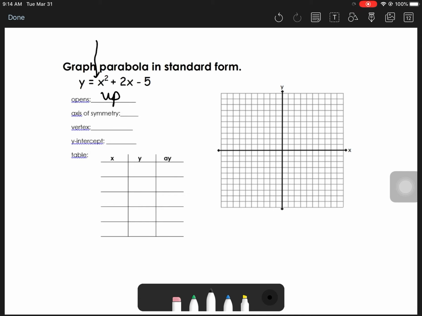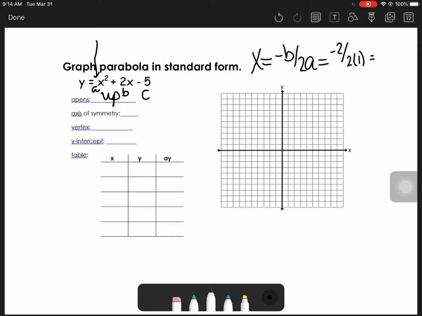Secondly, we want to find our axis of symmetry. And remember, our axis of symmetry is x equals negative b over 2a as the formula. So the number in front of the x squared is our a, the number in front of our x is our b, and the c is by itself. So the opposite of b in this problem will be negative 2, and then we'll take 2 times the leading coefficient a is 1.